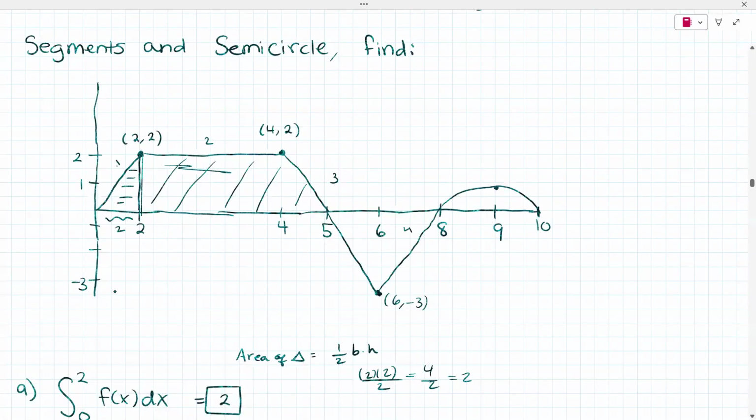Okay, from 0 to 8, right? So wait, how can we set this up? We know that from 0 to 2, it is 2. And from 0 to 5, we said that was 7.